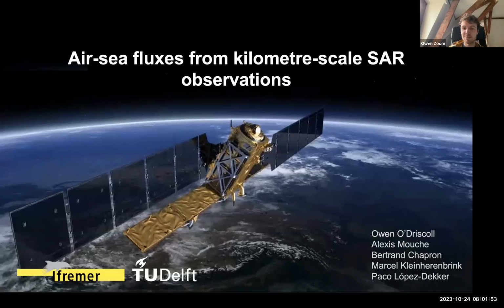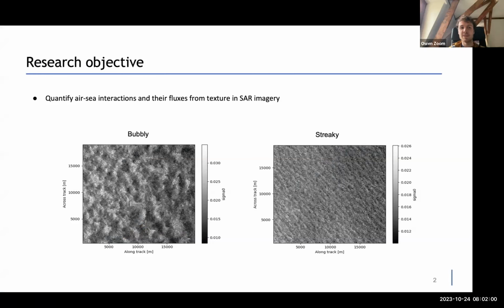So yeah, I'll be presenting about this project done in collaboration with Ifremer and TU Delft. The objective of this project was to try and quantify the type of air-sea interactions occurring at the air-sea interface using the textures which we see in SAR imagery. So I have here two SAR images.